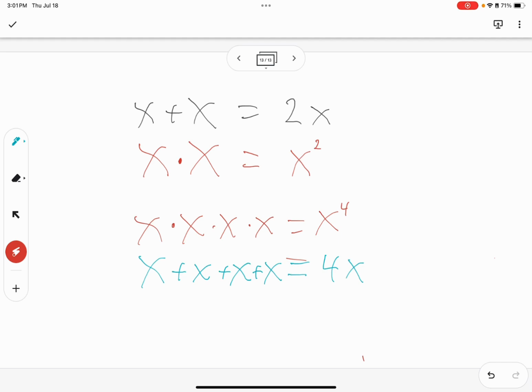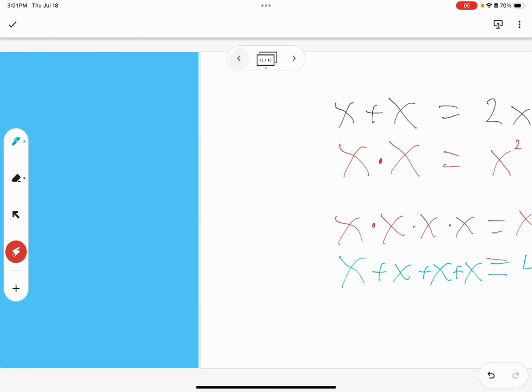Exponents mean repeated multiplication. We're multiplying the same thing over and over again. The coefficient means repeated addition. We're adding the same thing over and over again, okay? Very common for students to mix up coefficients and exponents.